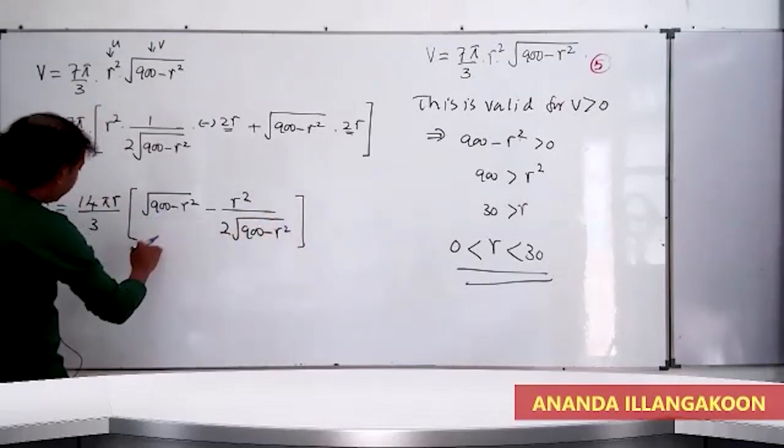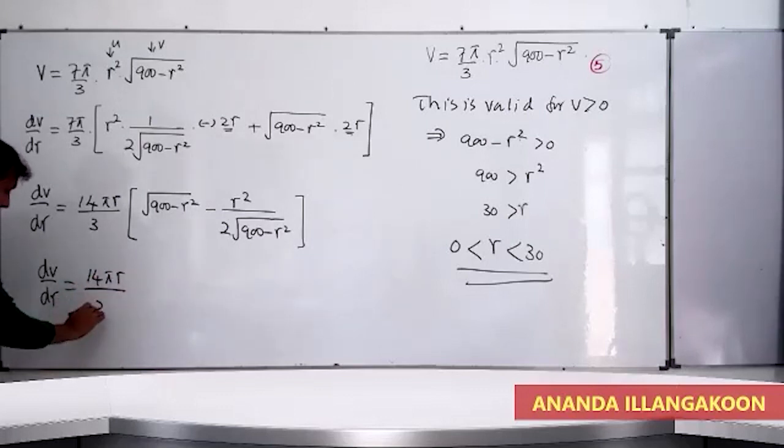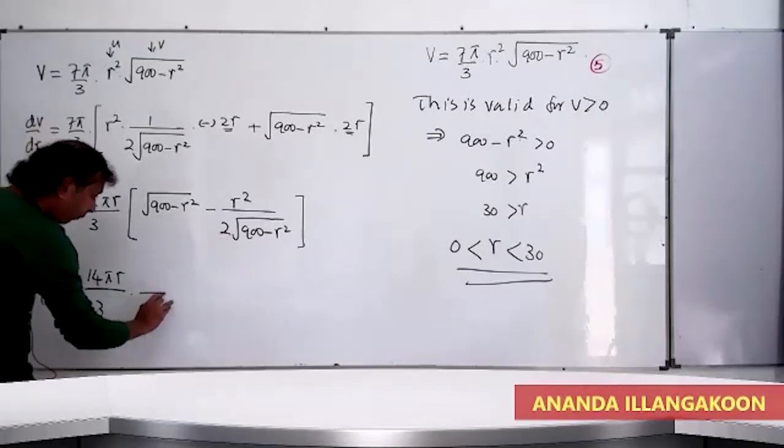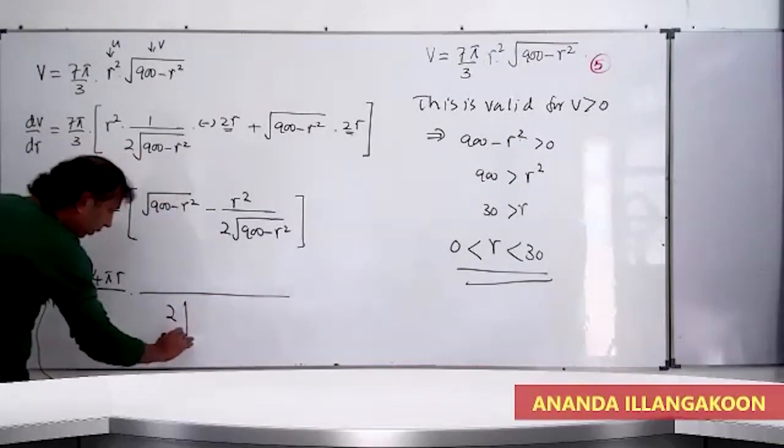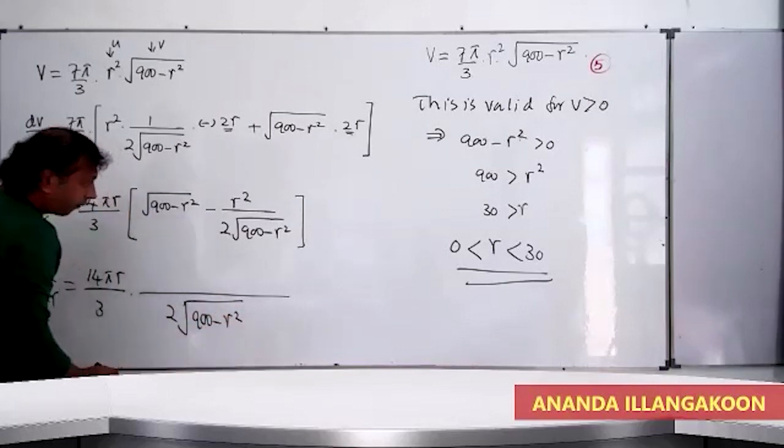Then take the common denominator here. The common denominator is 2 times the square root of 900 minus r squared.